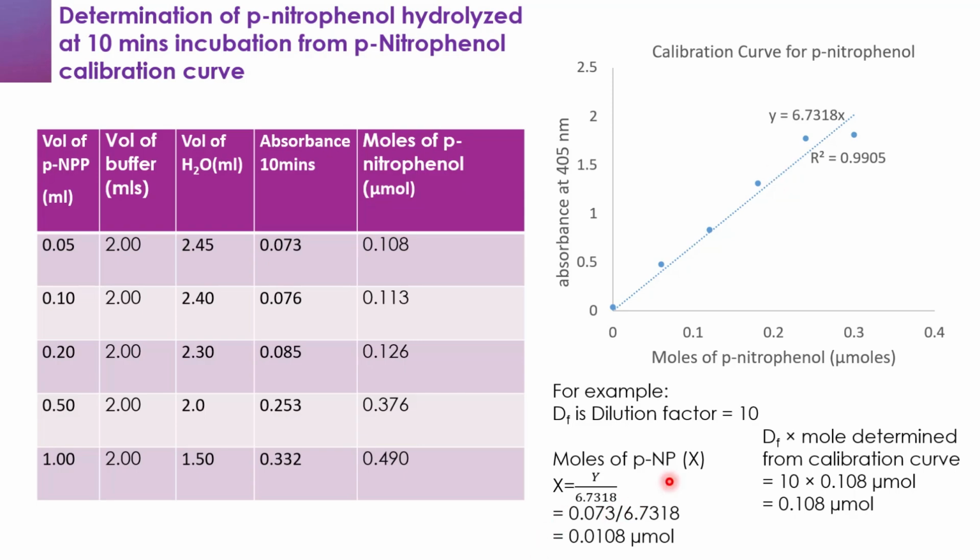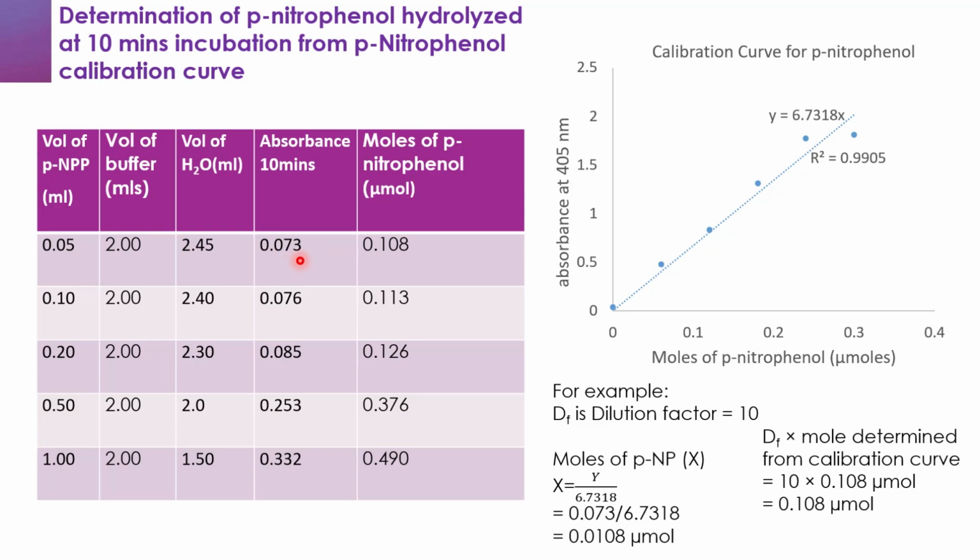So s equals y divided by 6.7318, and as mentioned earlier, y is the absorbance value obtained after the 10 minutes of incubation. If we come to our table and take the first test tube, we can see that the absorbance obtained is 0.073.